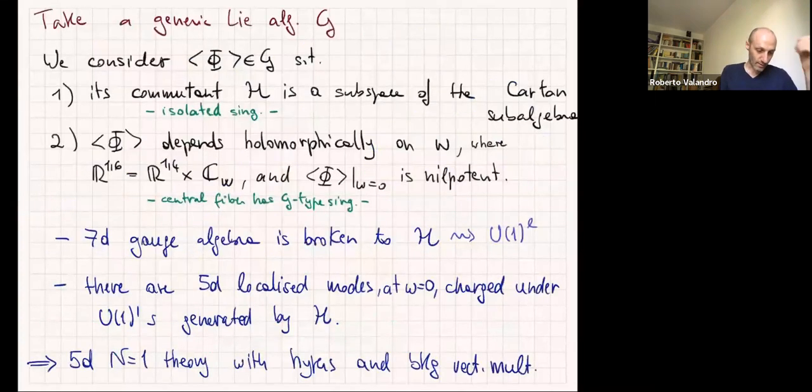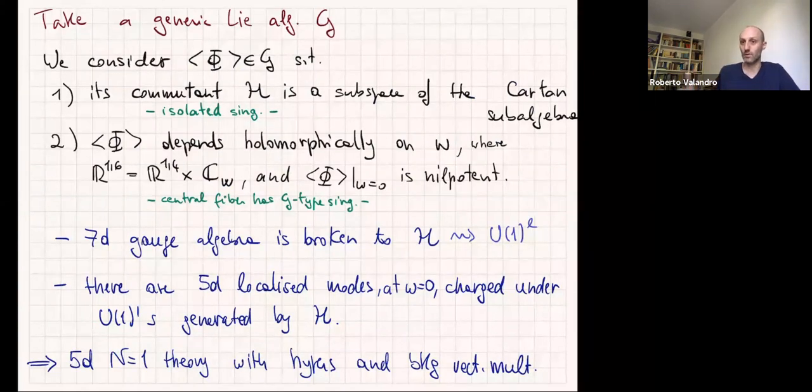So let's consider a generic case then, and then we try to build up these relations. Okay, so we consider a Lie algebra G, a generic Lie algebra G, and a Higgs web for an adjoint complex scalar in this Lie algebra, such that its commutant is a subspace of the Cartan subalgebra.